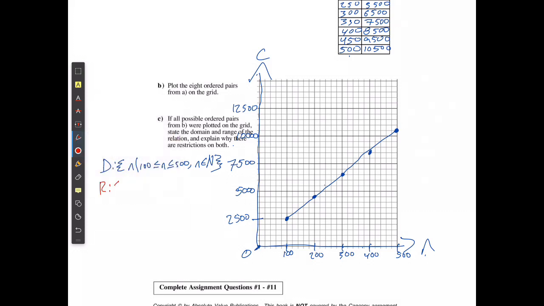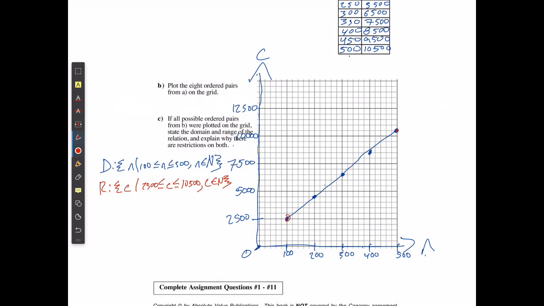My range is going to be represented by C, where the lowest value down here, 2,500, is less than or equal to C, which is less than or equal to the top point here, 10,500, where C ∈ N. So when I'm talking about the restrictions, I just have to ask, based on the problem I'm given, can I have partials, can I not?